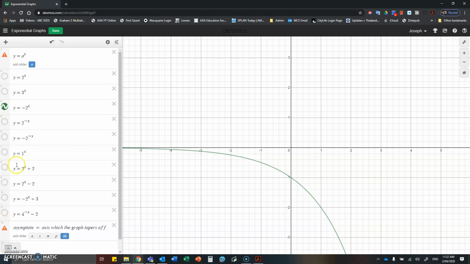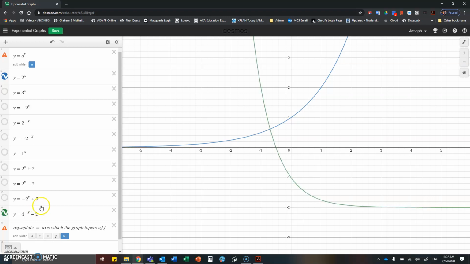So let's have a look at that. Here is our regular y equals 2 to the power of x. We want steeper, reflected about the y-axis, and shifted down 2 units. So it is steeper than the blue, it's reflected about the y-axis, and it has been shifted 2 units, 1, 2. Hopefully that helps you.